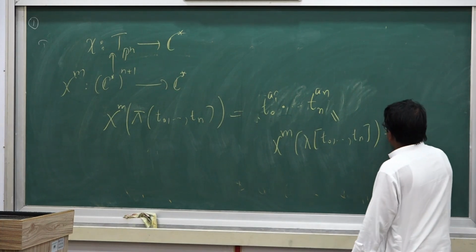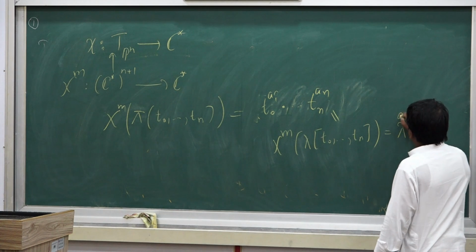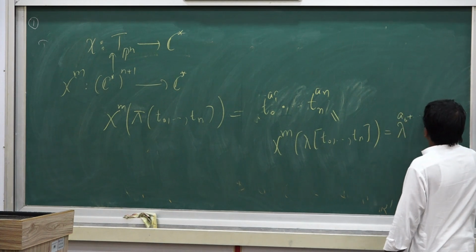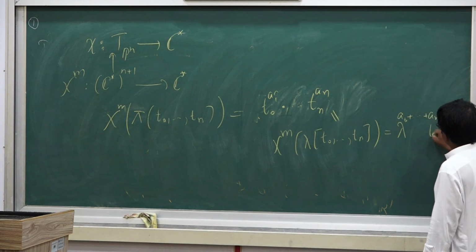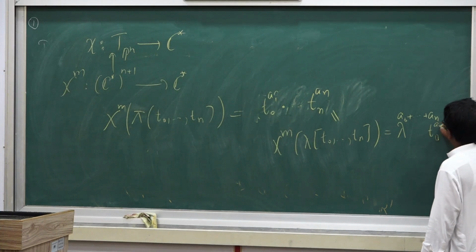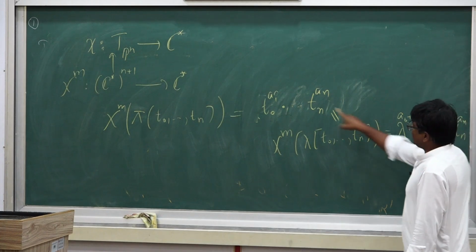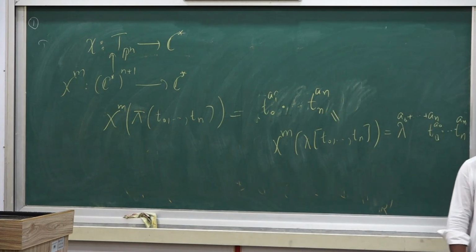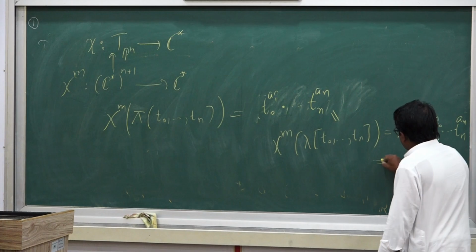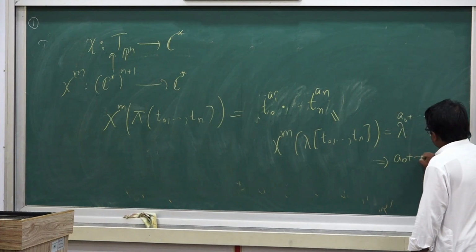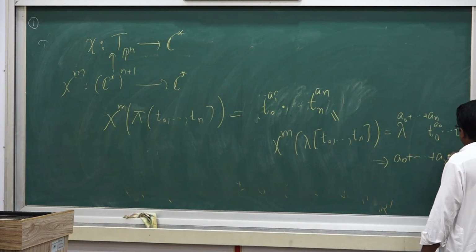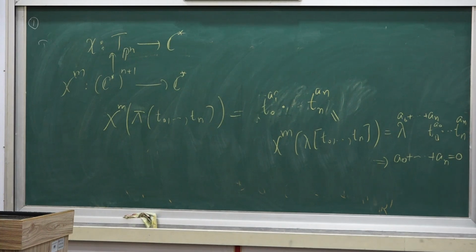But this would mean that lambda to the power A naught plus An times T naught A naught times Tn An should be equal to this thing. But that implies that A naught plus An should be equal to 0.